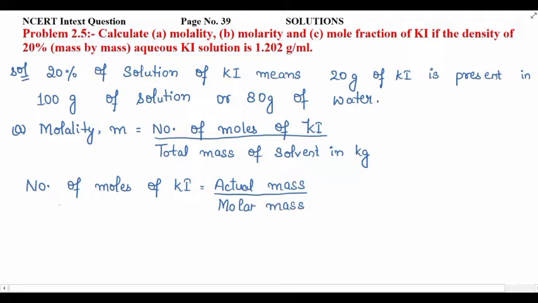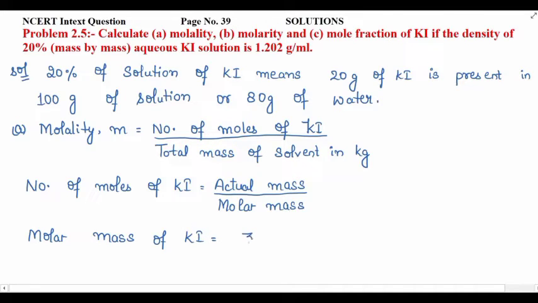Student, the mass of solute is always given, that is the 20% by mass of KI, so it is the actual mass of KI, and the molar mass of KI is the mass of K, that is 39, and the mass of iodine, that is 126.